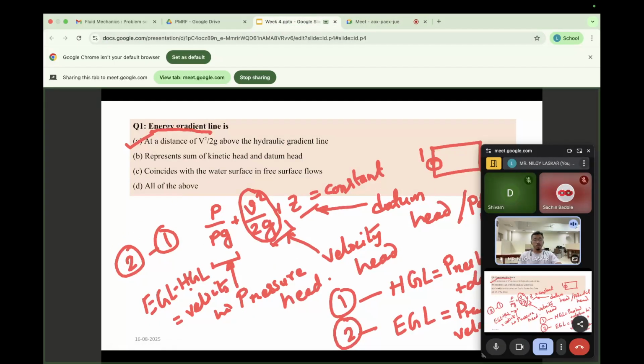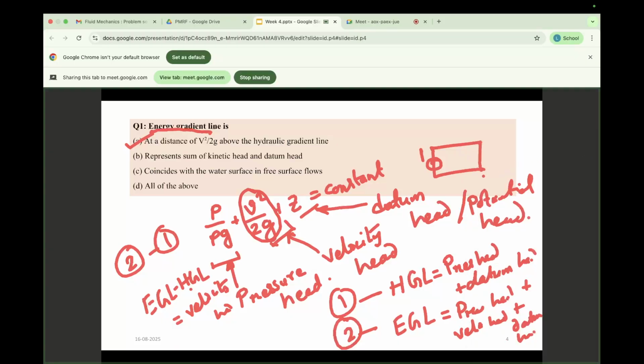Before moving to the next question, let me clarify one thing: this fluid dynamics part is quite important even from your engineering perspective. If you are going to sit for campus placement or anything, they will ask you the fundamental concepts about Bernoulli's equation and conservation of momentum. So try to understand what this concept is.